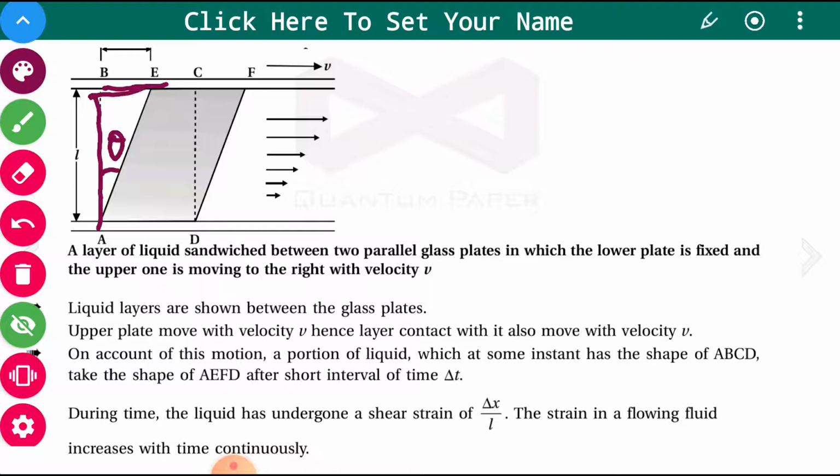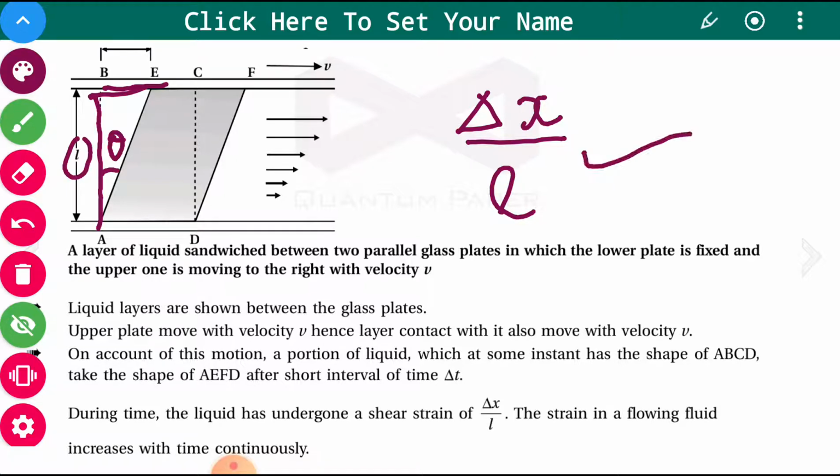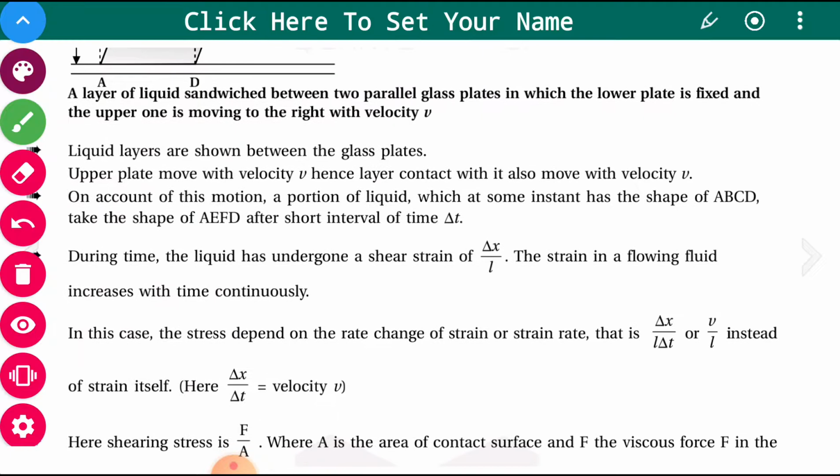The opposite is delta x, and the adjacent line has length L. So the shearing strain will be delta x upon L.